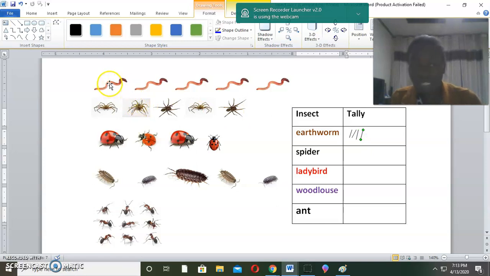How many earthworms? Let's count again. 1, 2, 3, 4, 5. Already I have 4 sticks. 1, 2, 3, 4. So for me to draw the fifth one, I will put a line across to represent 5. And that is called tallying. Okay? So this one will represent 5.